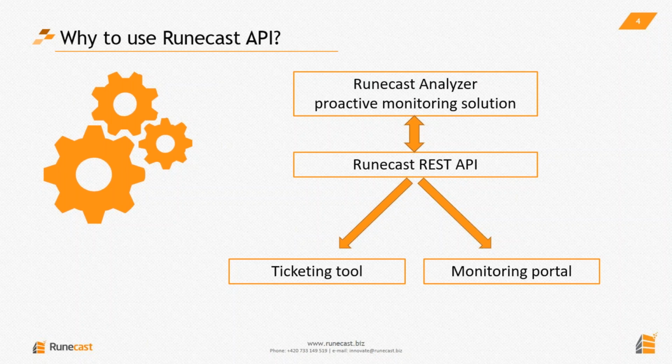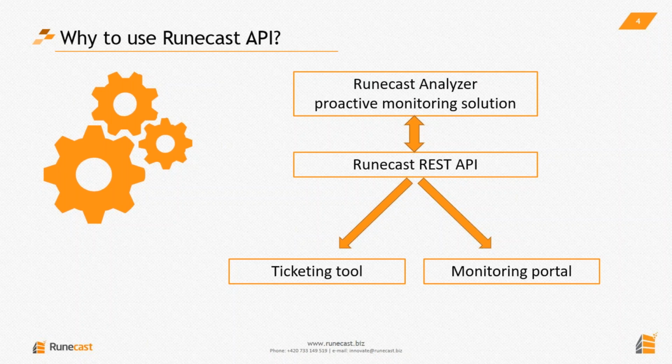REST API is one of the most popular and widely used standards lately. Well, that in my opinion relies on its simplicity. Most of the requests are either GET for receiving some data or POST for sending data. Most common use cases are integration with third-party tools, like for example, a ticketing tool.